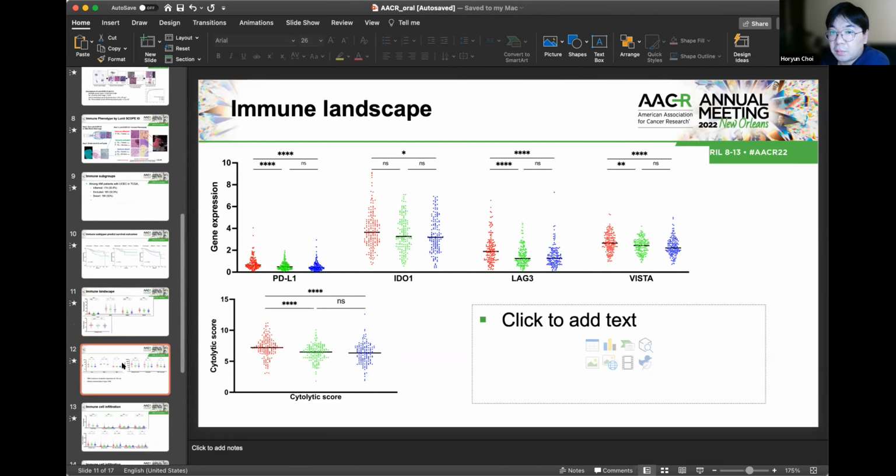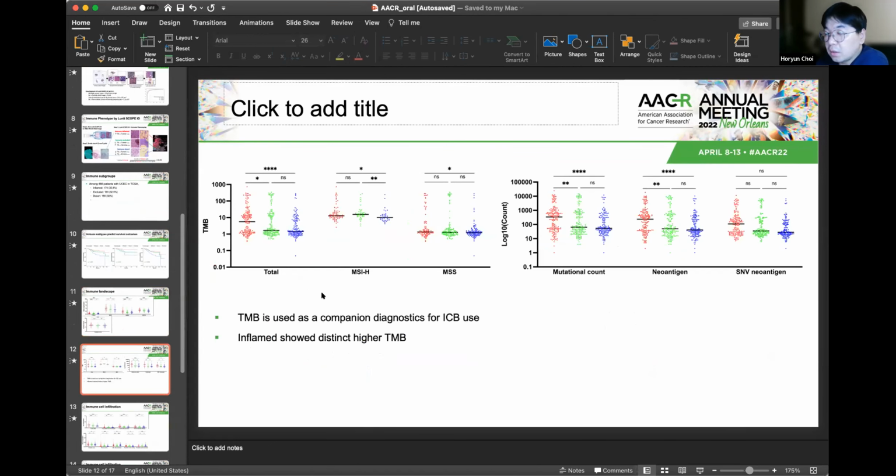After that, I was thinking of doing mutational landscape as well, but it was hard to analyze. I drew a waterfall plot. So for now, I only include TMB. I divided into total, MSI high group and MSS group.